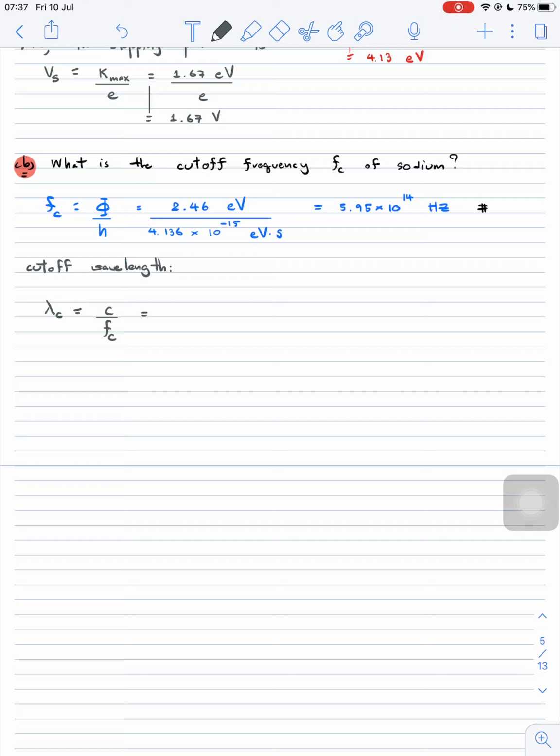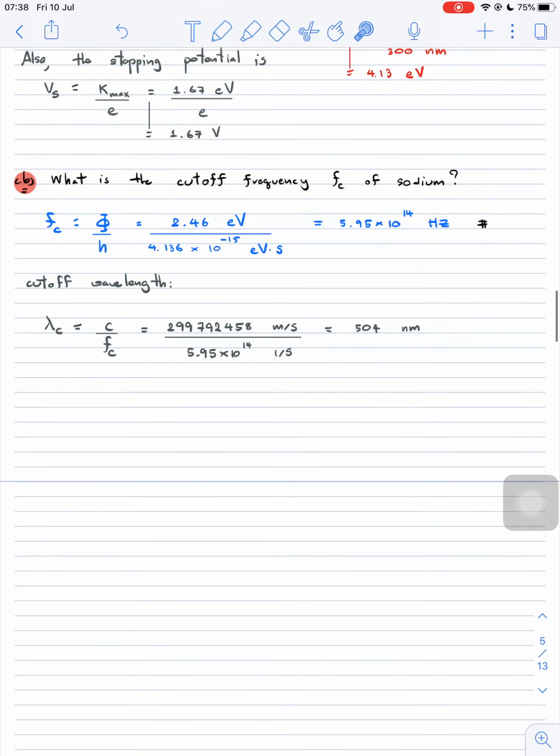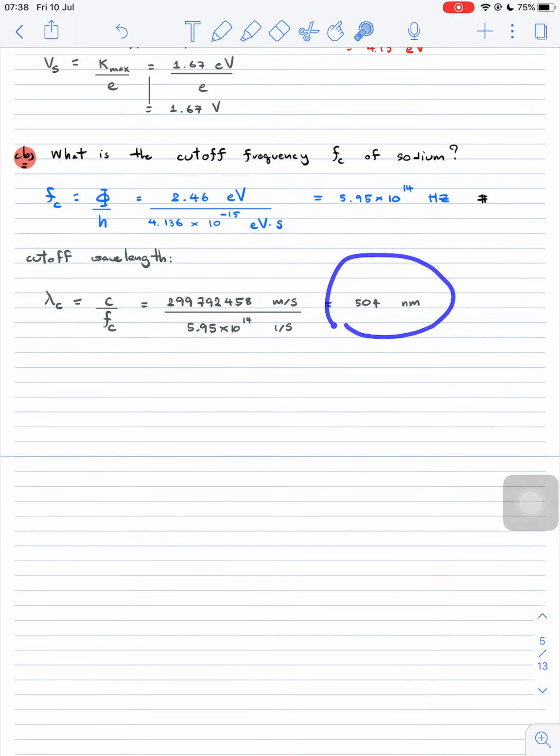That is 299,792,458 meters per second over the frequency, 5.95 times 10 to the 14 hertz, which is 1 over second. So now the value is equal to 5.4 nanometers.